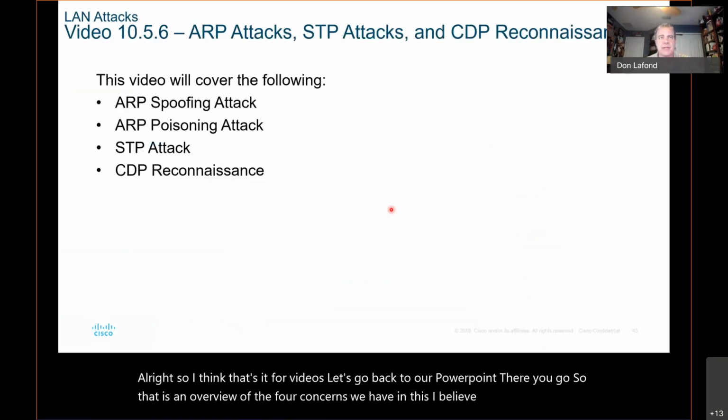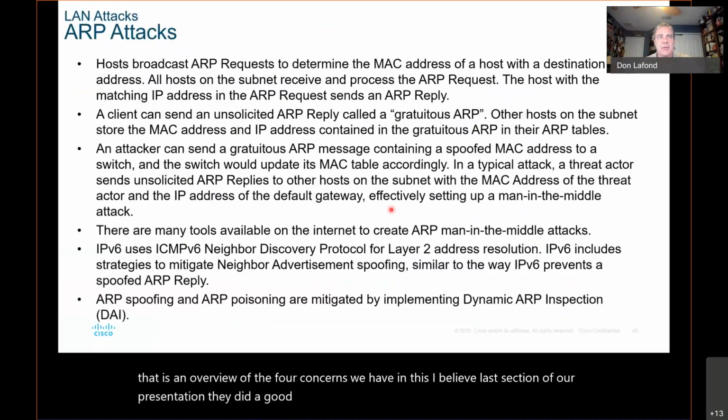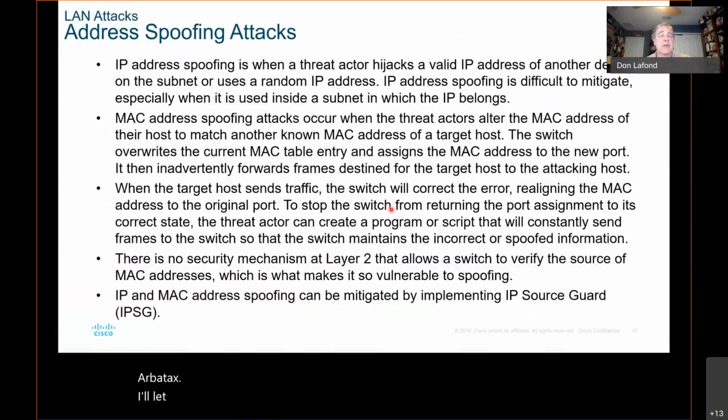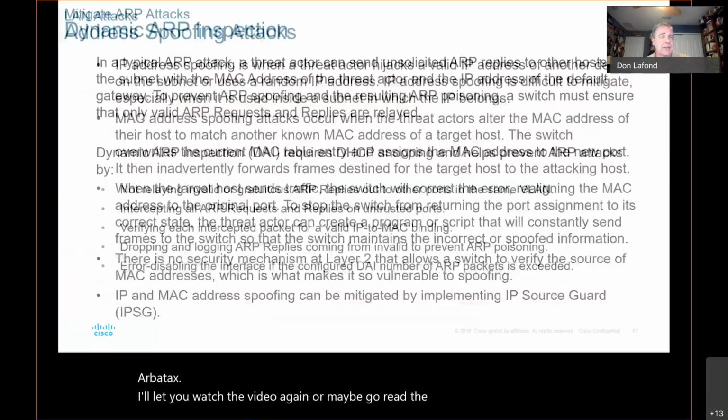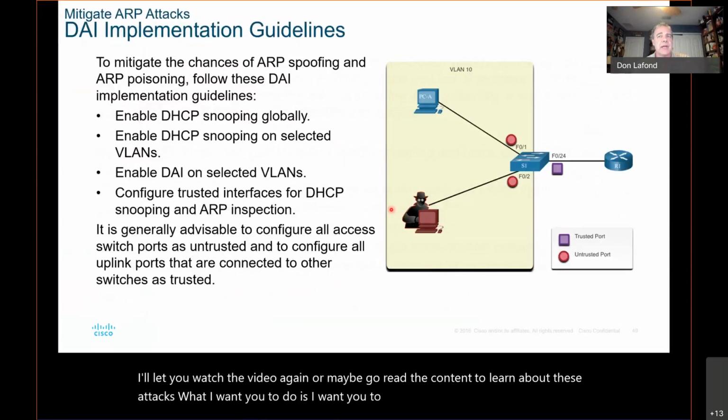They did a good job, that gentleman did a good job explaining ARP attacks. I'll let you watch the video again, or maybe go read the content to learn about these attacks. What I want you to do is I want you to know the mitigation techniques.